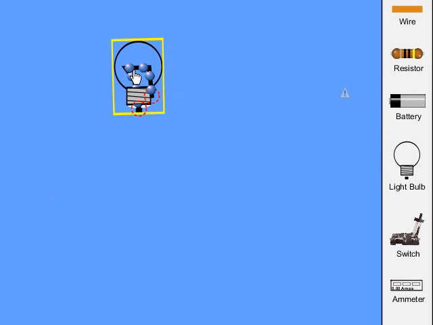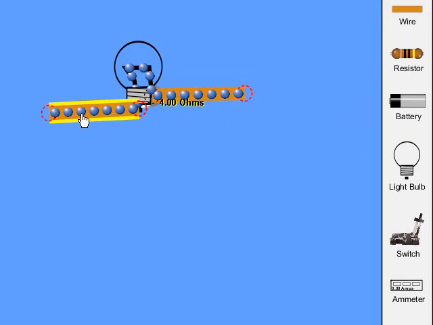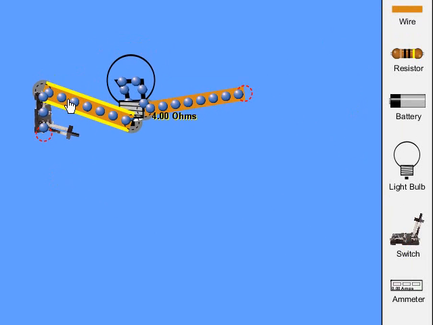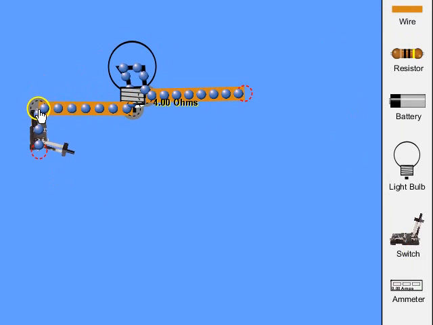So there we go. Show value, 4 ohms. I'll put a wire on this one here. I'll put another wire over here. And might as well use a switch. Could have used that on the other one too. Apparently I have to pull on the joints.